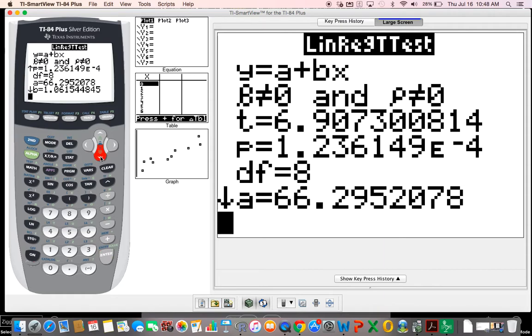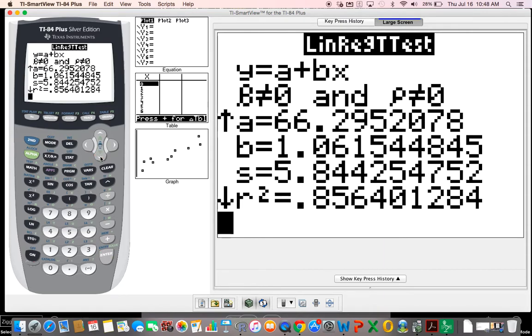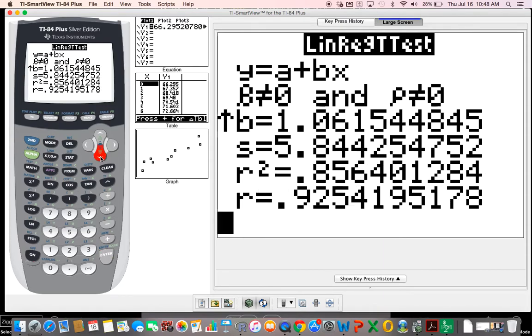If we scroll all the way to the bottom, we're going to see R and R squared. So guys, our R value here is 0.925, and our R squared is 0.856.